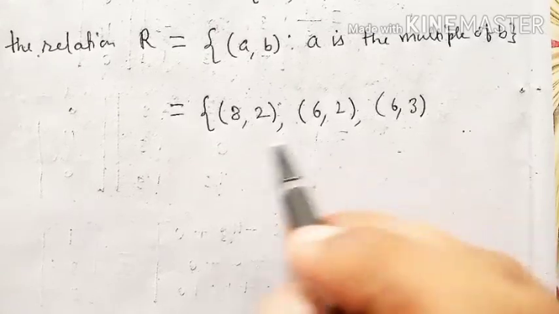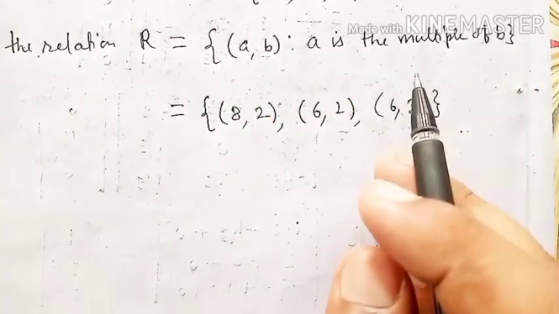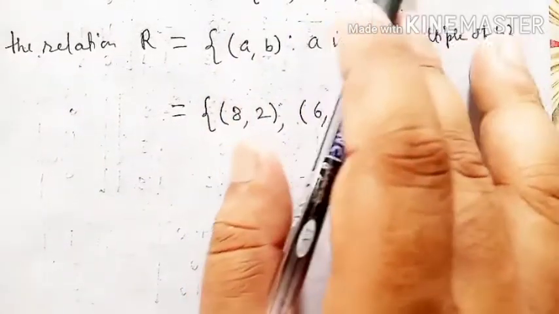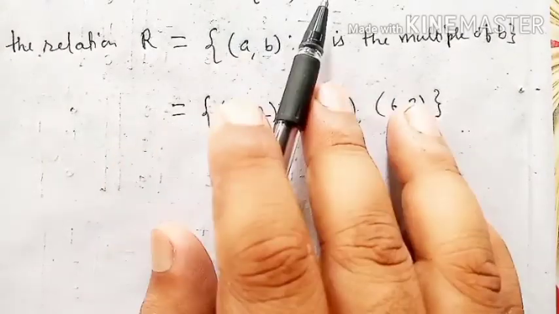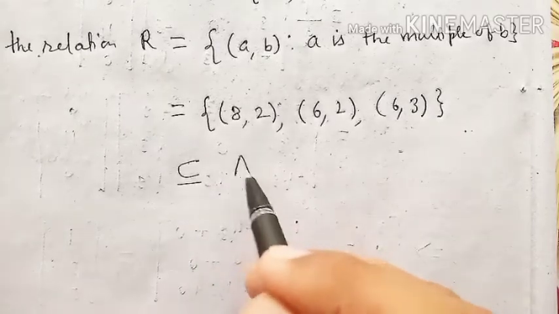So this is the relation of multiple in the set A. It is a subset of the Cartesian product A cross A.